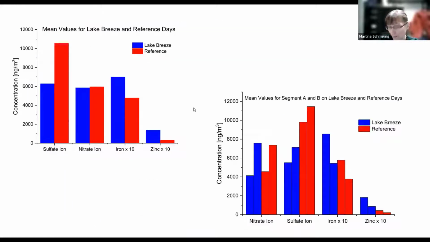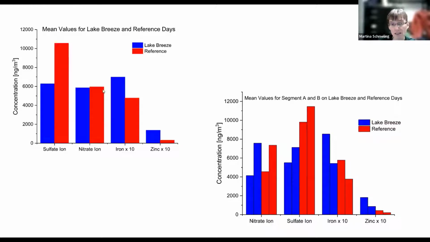And this is pretty much symbolized here, because when you look at this bar graph, where the red bars are the reference days and the blue bars are the lake breeze days for those 2 years, you can think that, for example, iron, I multiplied this by 10 because the concentrations for the sulfate and nitrate were substantially higher. But when you look at this, you would expect the iron concentrations to be different between a lake breeze and a reference day, but statistics tells us it's actually not.